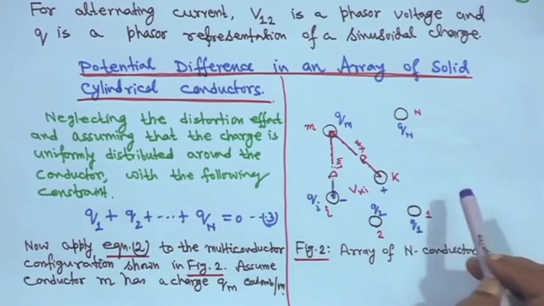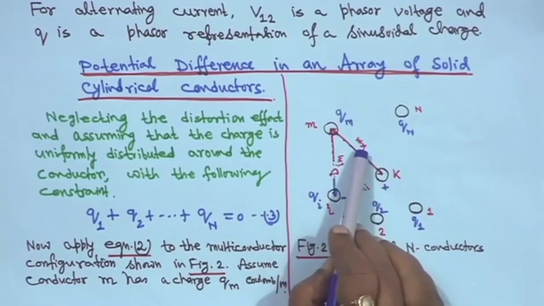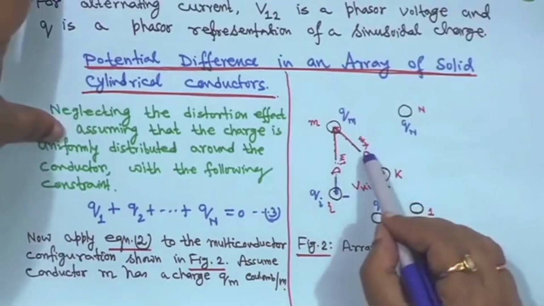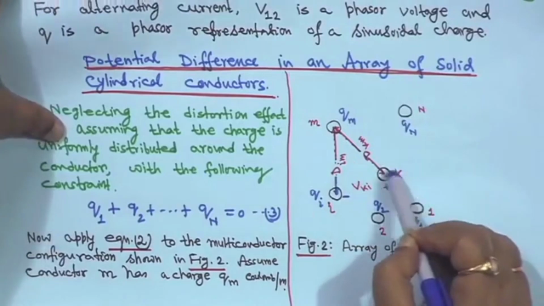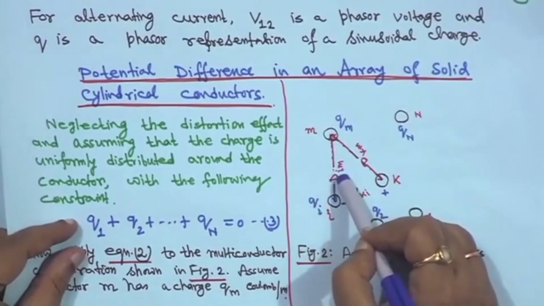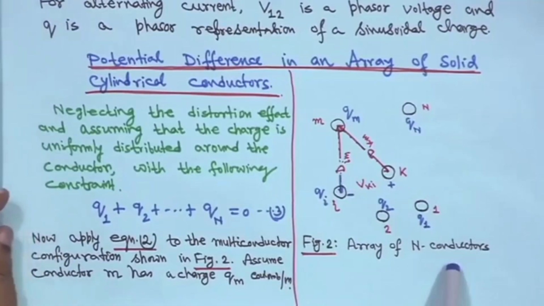The distance from m to k is dkm, and from i to m the distance is dim. So this is the array of n conductors.